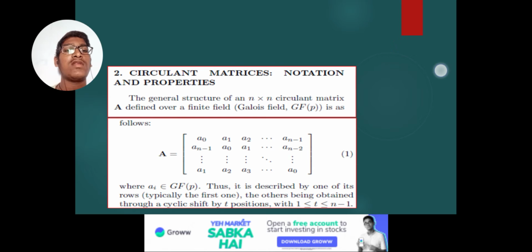Thus it is described by one of its rows, the others being obtained through a cyclic shift by t positions, with 1 less than or equal to t less than or equal to n minus 1.